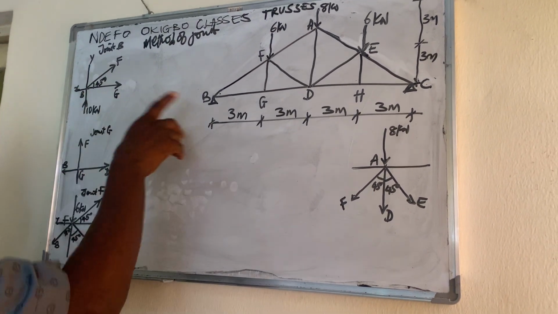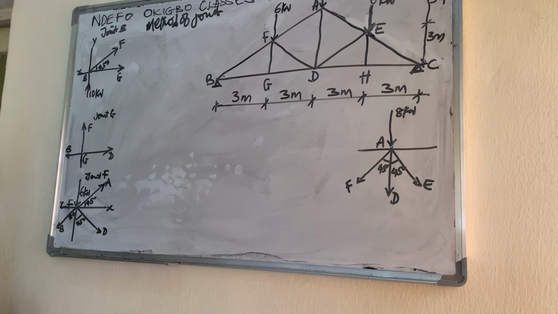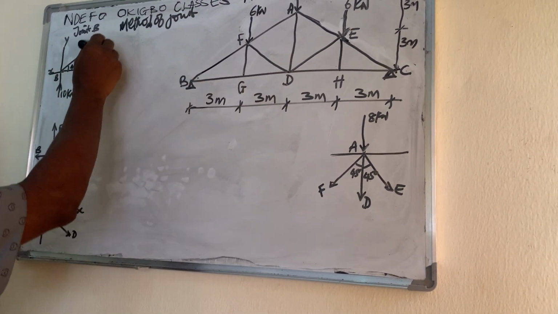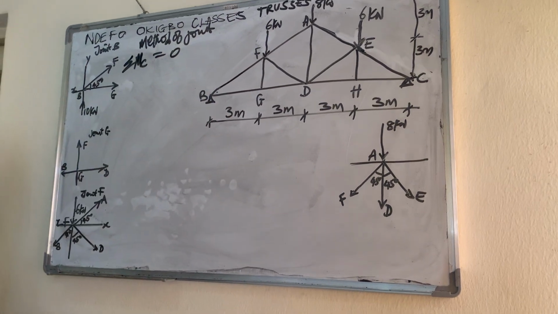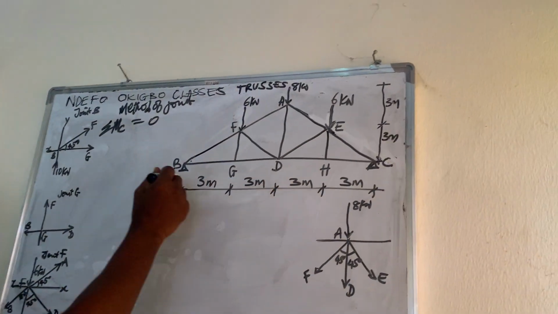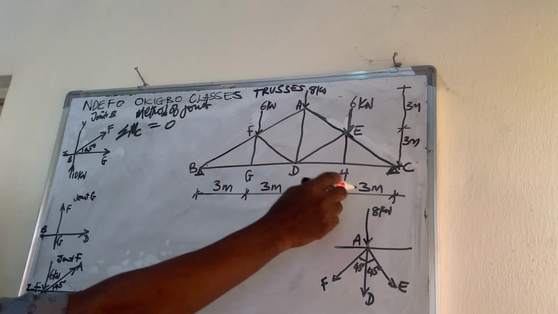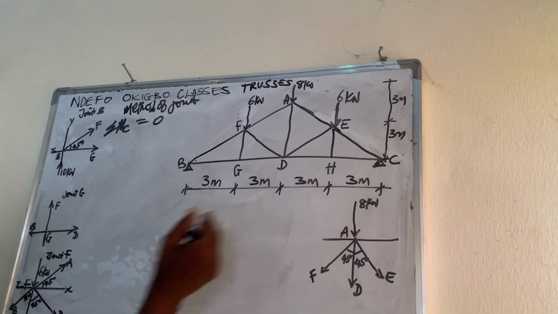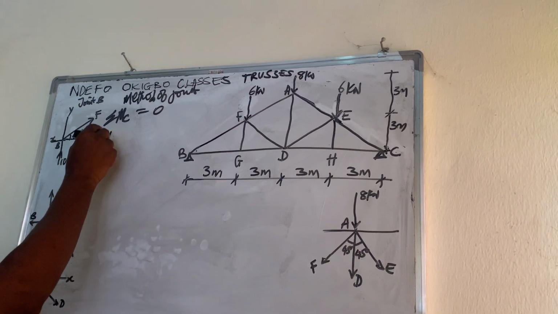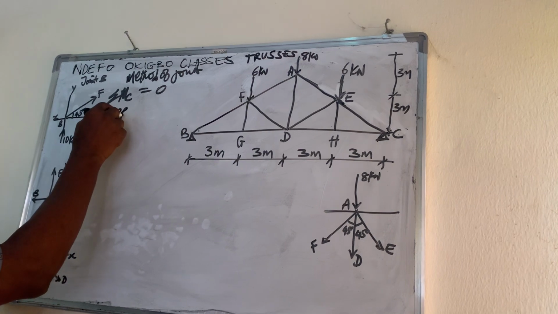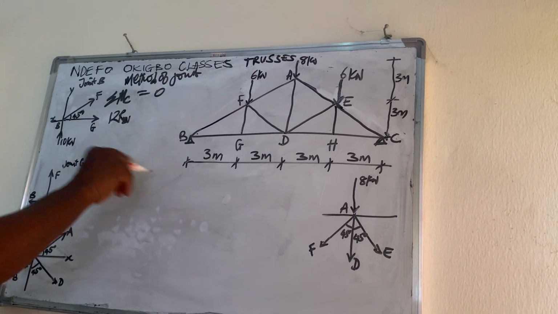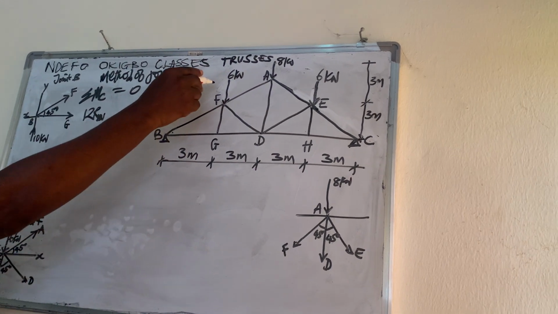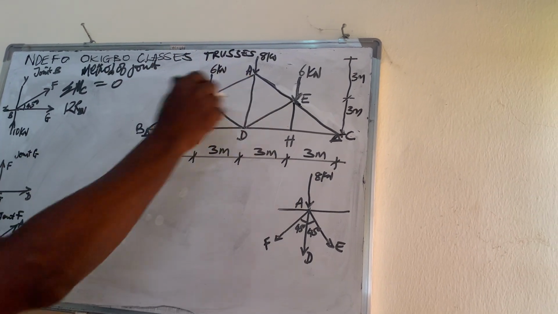Before I go to this, let me get the reactions. To get reaction B, I take moment about C. Total moment about C equal to 0. So I start with the reaction at B from C. The length is 3 times 4, which is 12. So 12 RB vertical, turning this way. Then the next force is 6 that will create bending moment.